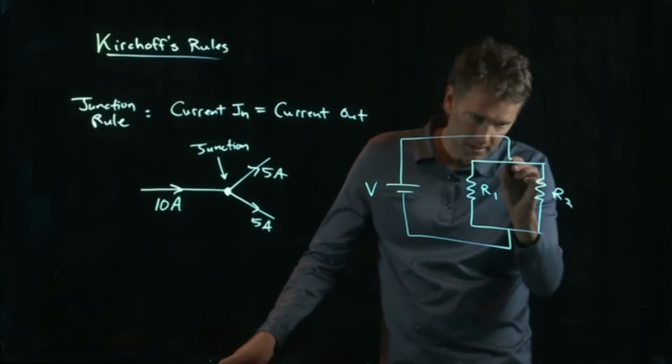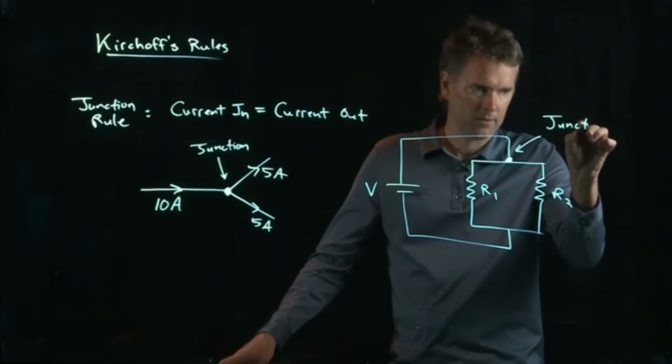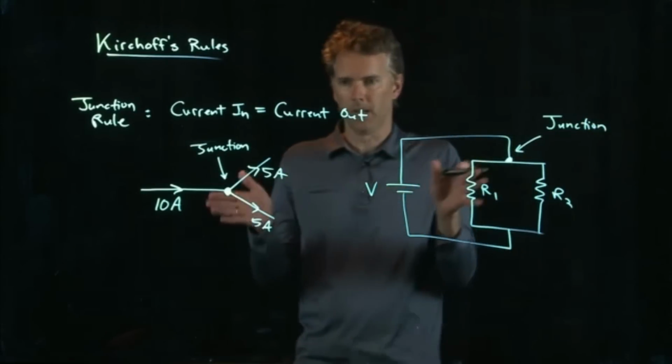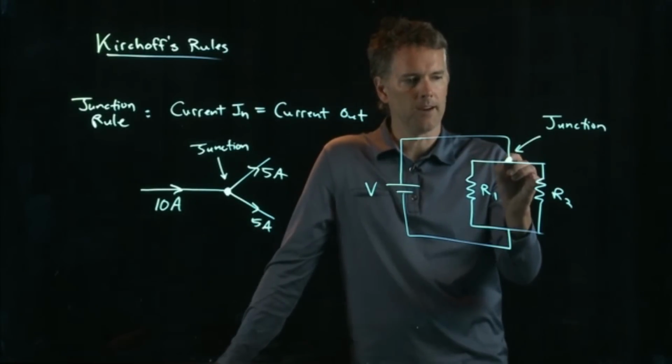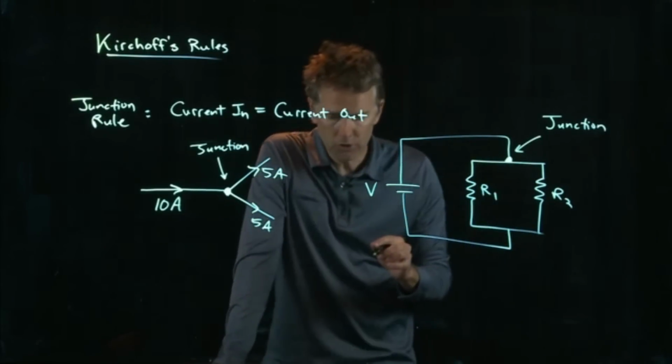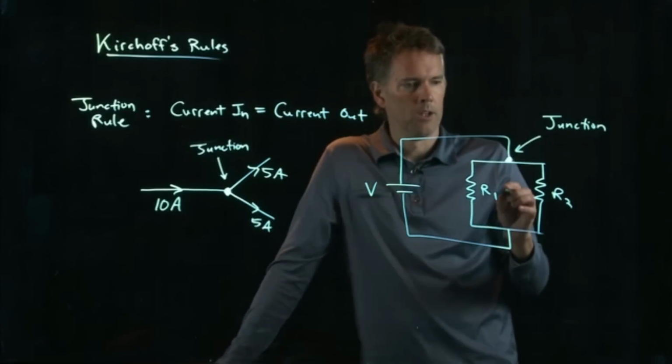This thing right here is a junction. A junction is anywhere the wire splits into two or more wires. So that's a junction right there. And at that junction, we have to have current in equals current out. Okay?